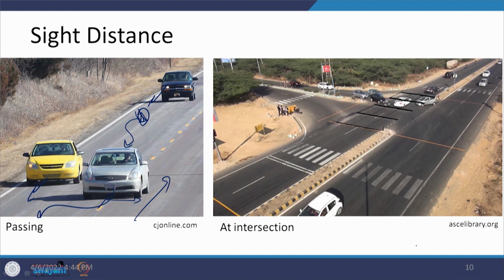Here the case is for an intersection, where we assume that there is a vehicle which is coming from this direction, and because all of this space is being cleared, you can see that this is totally cleared. So, the visibility is going in this direction. If this vehicle is moving ahead this way and the vehicles are coming from that direction, this is the point of collision.